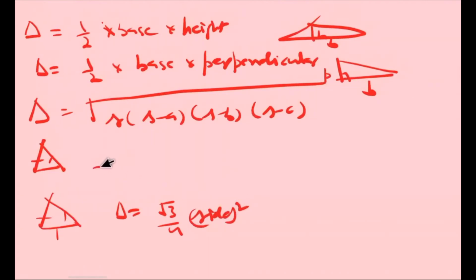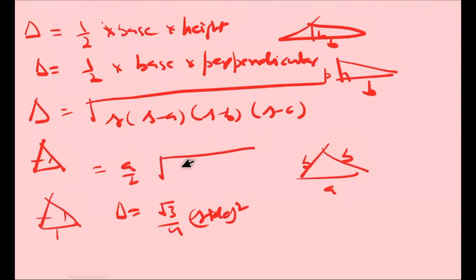And here we have learned, if this is B, this is B, this is A, then area is A by 2 into half into base under root B square minus A by 2 square. Okay, this is the base, and these are the equal sides. So this you have to learn.